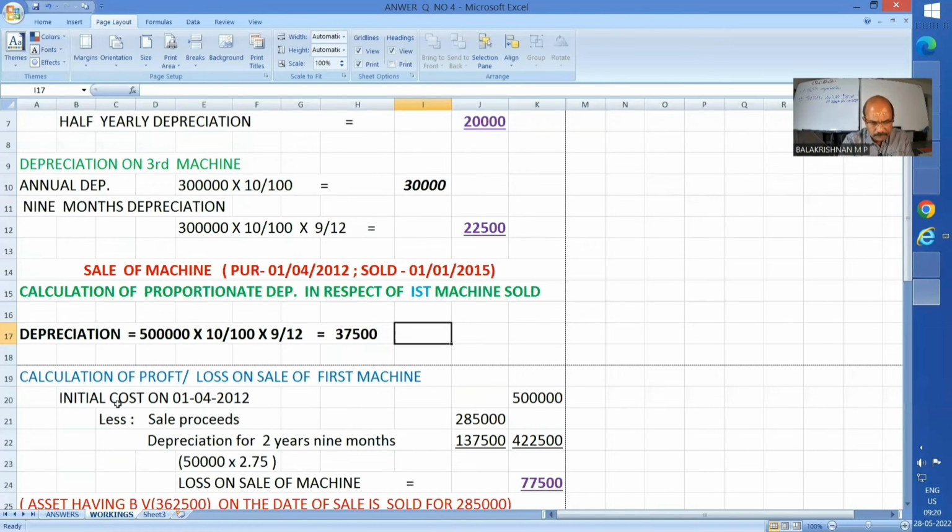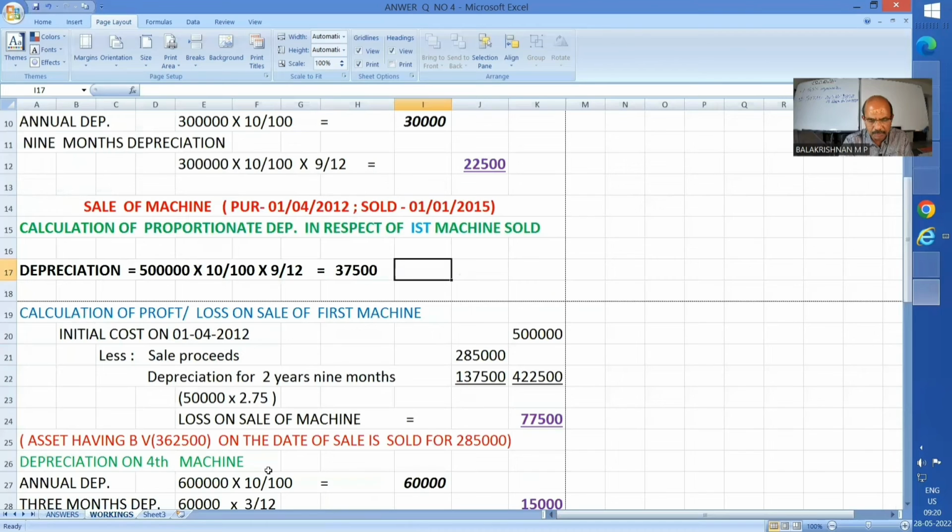Fine. Initial cost 5 lakhs, because it was the first machine. Sale proceeds, categorically given, 2,85,000. Then the depreciation until date, that means from the date of purchase till the date of sale. It served me 2 years and 9 months, or 2.75 years, with an annual depreciation of 50,000 per year.